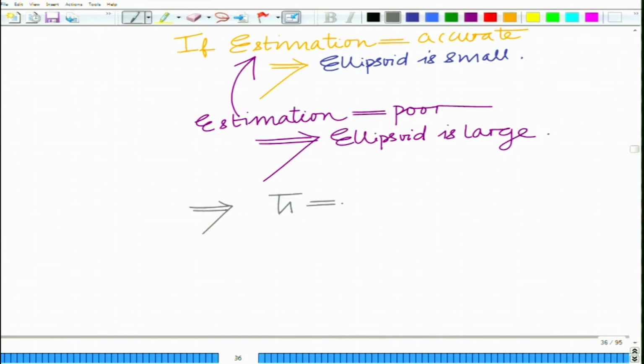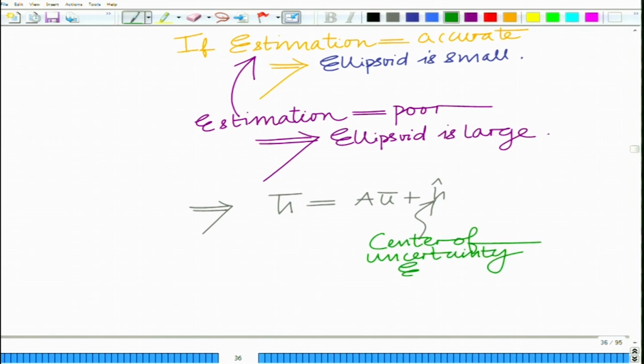Now you have an interesting model to characterize the true channel vector. I can represent h bar as A times u bar plus h hat, remember, this ellipsoid has center h hat. So h hat is the center of the uncertainty ellipsoid.